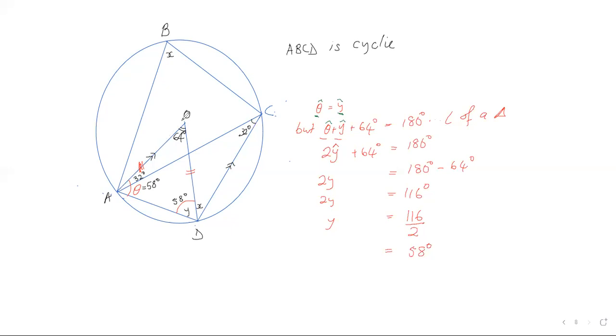From A to circle center O back to D and to C, these angles are alternate. This angle is equal to that angle, alternate angles. Therefore, X is equal to 64 degrees.